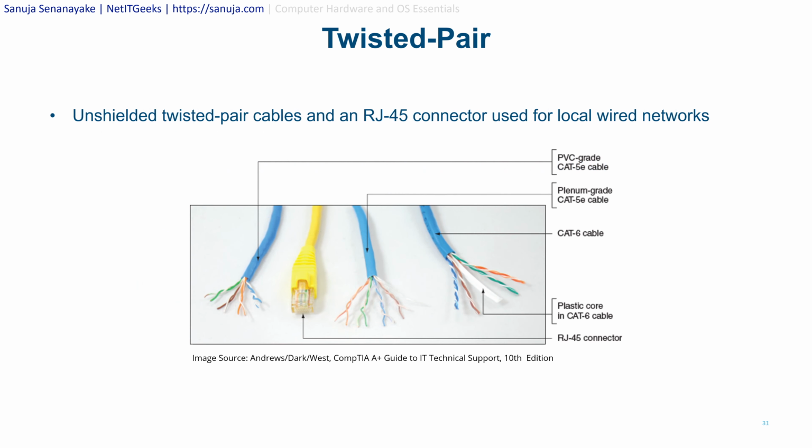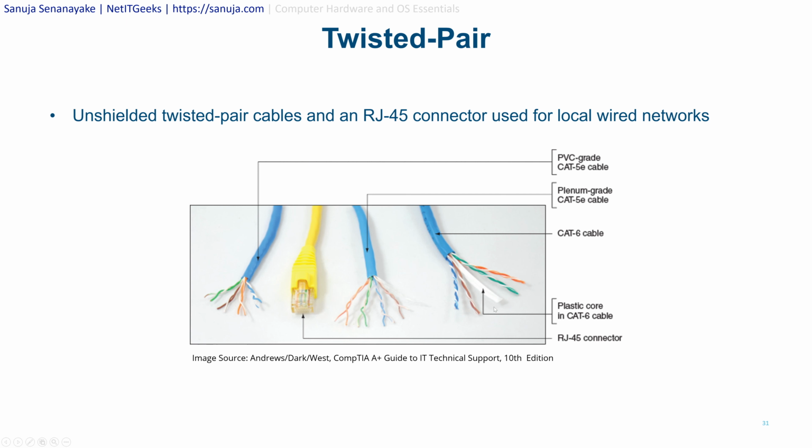So unshielded twisted pair cables and an RJ45 connector used for local wired networks are shown here. These are unshielded pairs, and you can see that the Cat6 cable has a plastic core in the center separating each twisted pair, hence increasing reliability and reducing the crosstalk between the wires, while the typical Cat5e cables don't have a solid core in the center.